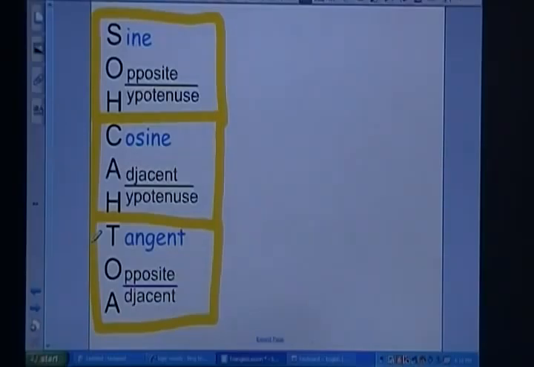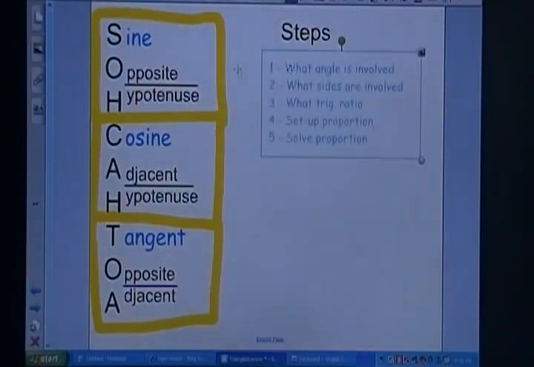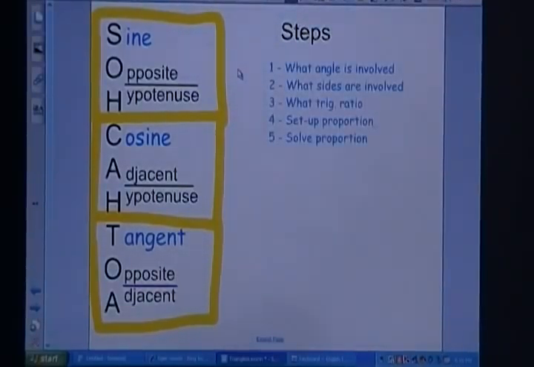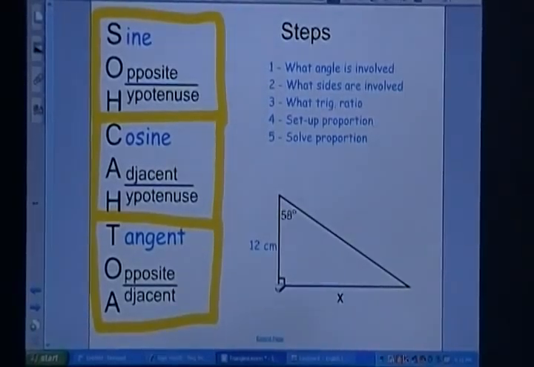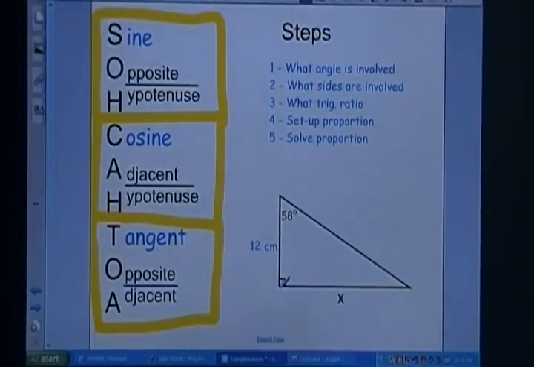Now, how do we use this? Well, we came up with 5 steps that would allow us to do these problems. Now, let's use those 5 steps to do a problem here. If this is our problem, and we want to find x, we know this is a right triangle, so because it's a right triangle down here, we can do this problem using SOHCAHTOA. First, what angle is involved?